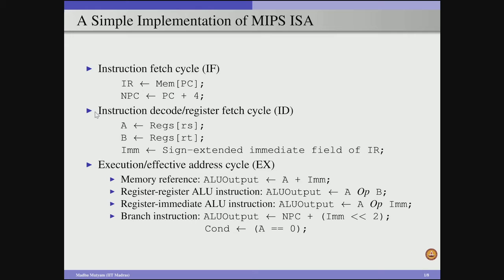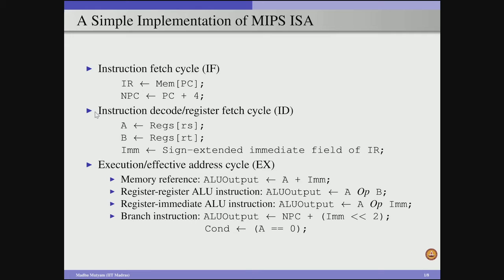And note that here op indicates the operation that we are going to perform, and that is known from the opcode field from the ID stage, because after the ID stage we know the type of instruction from the opcode field, and based on the type of instruction we are going to perform the corresponding operation on the contents of these temporary registers A, B or IMM.